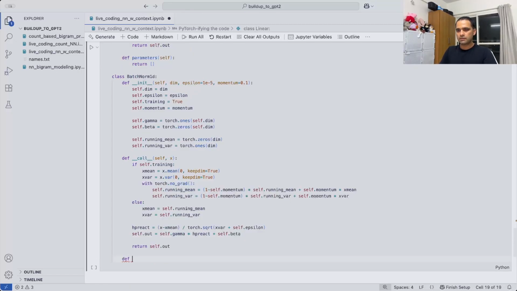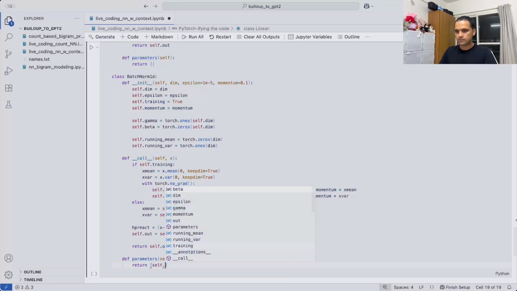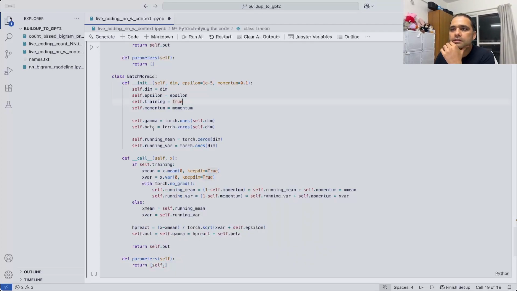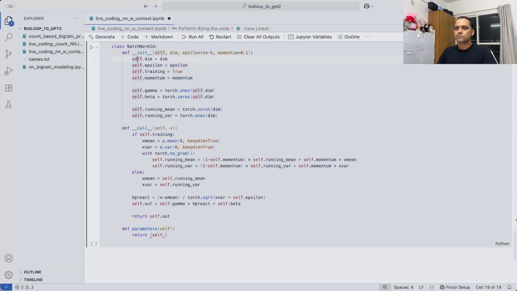Then we'll define parameters. Here the trainable parameters are gamma and beta. The running mean and running variance are not trainable parameters, and these are all hyperparameters. So we'll return self.gamma plus self.beta.